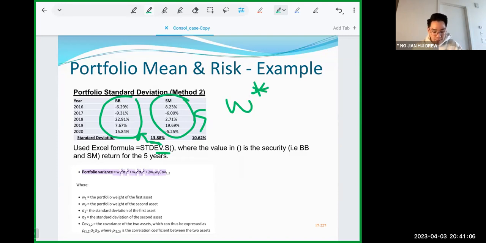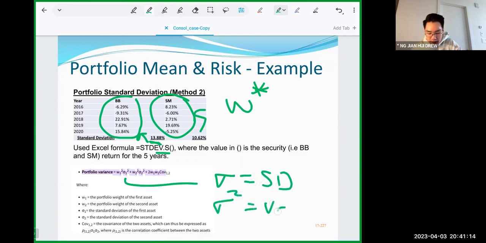Remember, this is standard deviation, SD. If we square the SD, it is variance. So the variance, plus the weight of number 2 squared times the variance of number 2. And we need to add this other thing called the covariance.